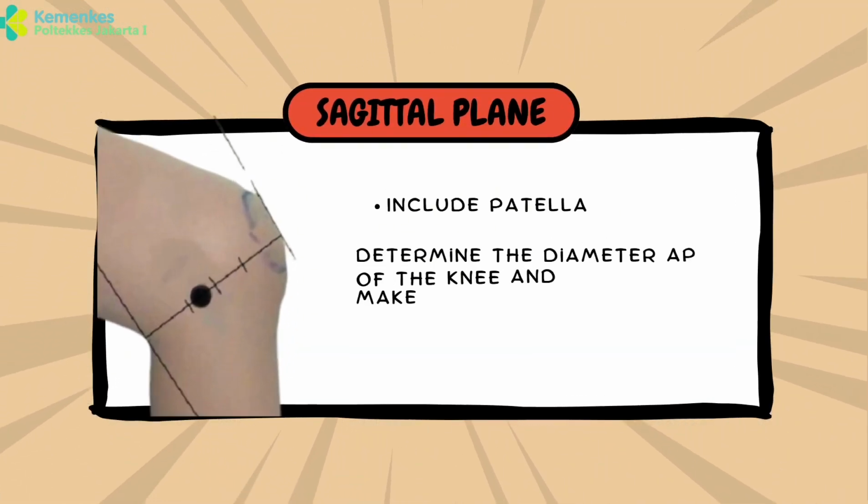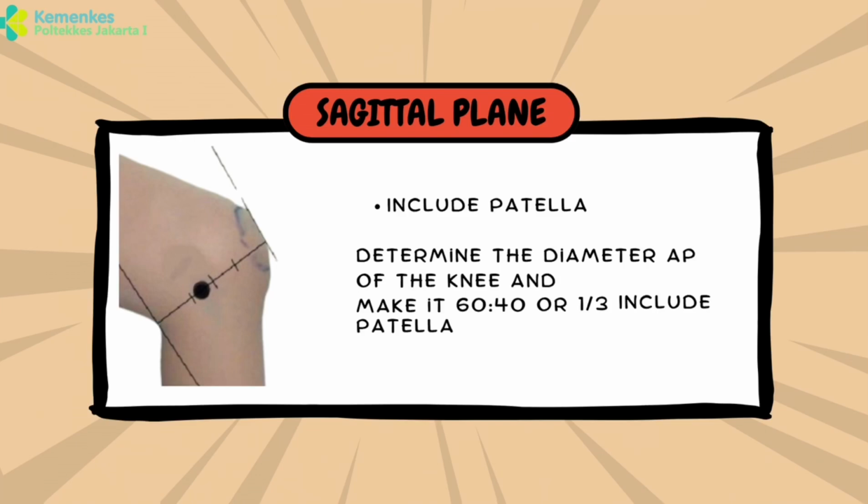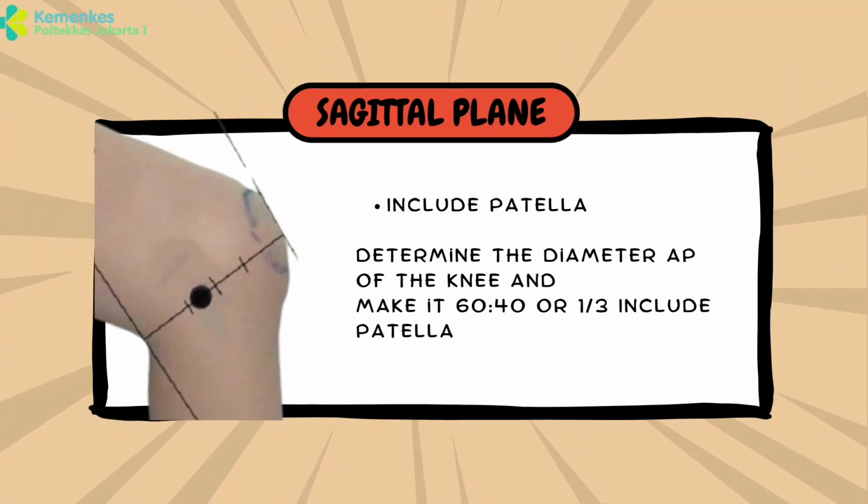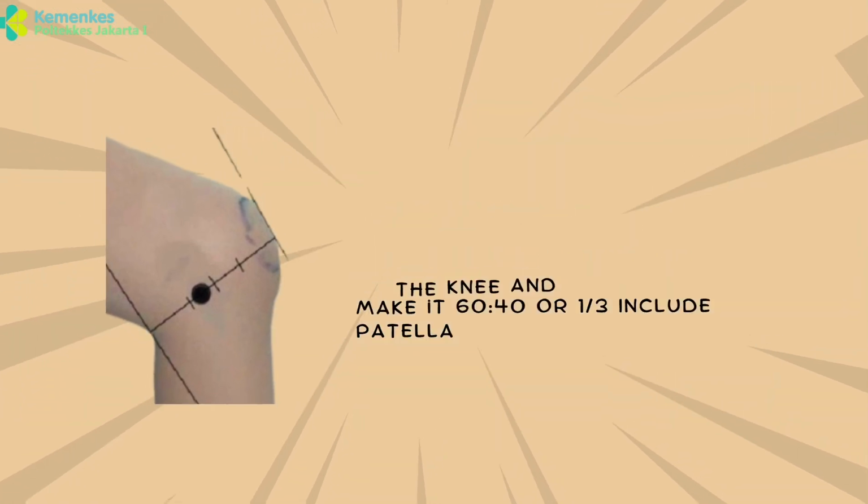And for include patella, we determine the diameter of the knee and make it 60-40, or 1/3, including the patella, so we can find the mechanical knee axis. We make 60 on the anterior and 40 on the posterior.